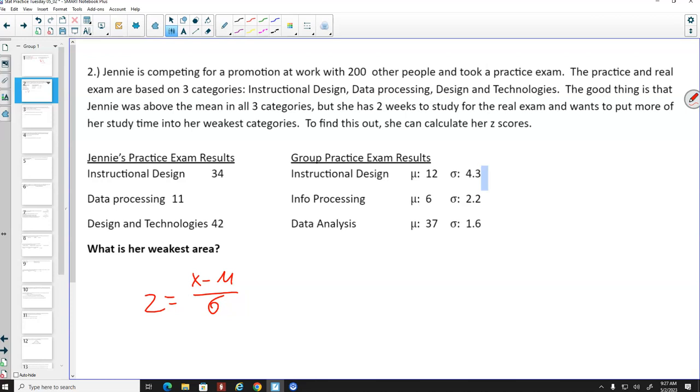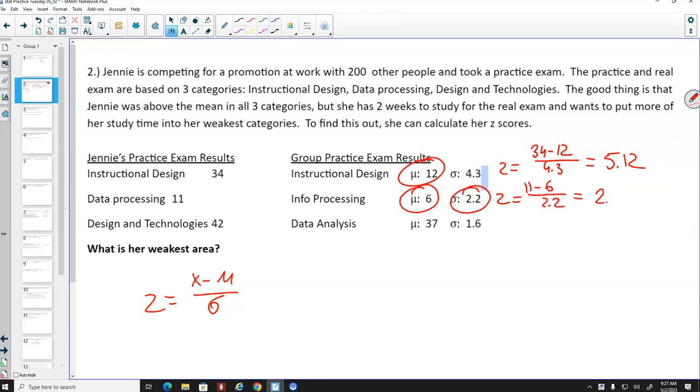So for each of these categories, we're going to calculate the z-score. Z-score for instructional design is going to be 34 minus our mean, which is 12, divided by 4.3. That should give you 5.12. The z-score for data processing will be 11 minus our mean, divided by 2.2.